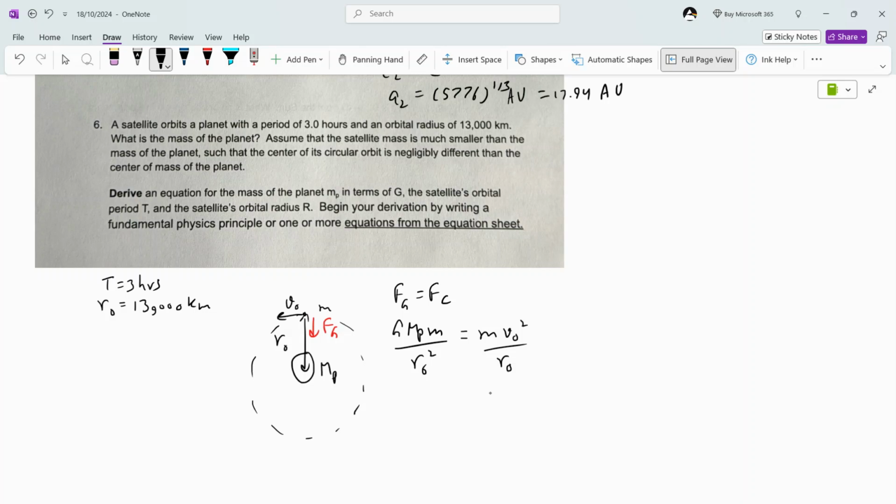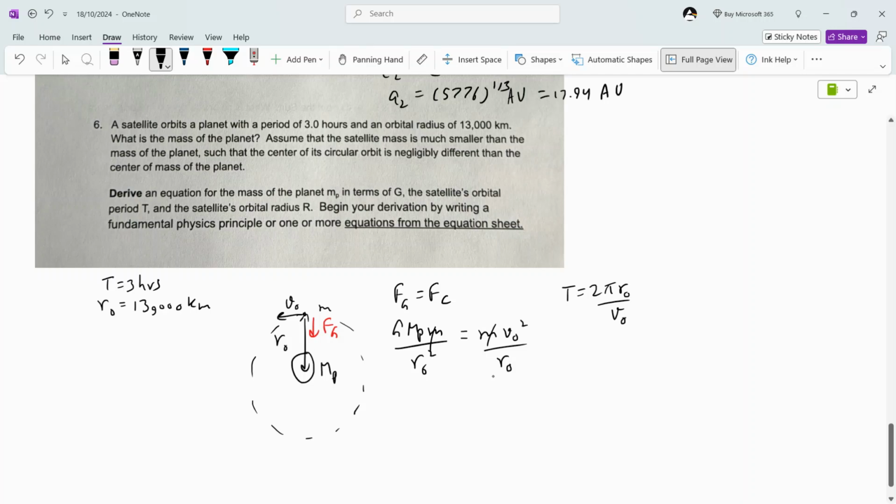Okay, so why I am doing this is because time period is 2 pi r0 by v. I need r0 by v0, so if I know r0 by v0, I can work it out. So what am I getting here? Let me see. So m and m cancel.